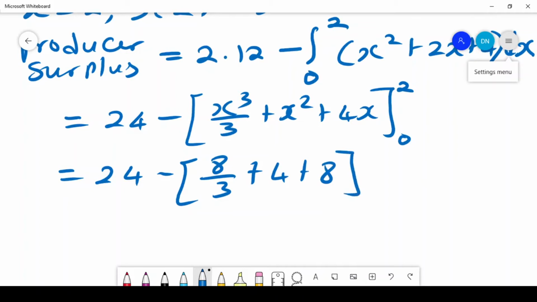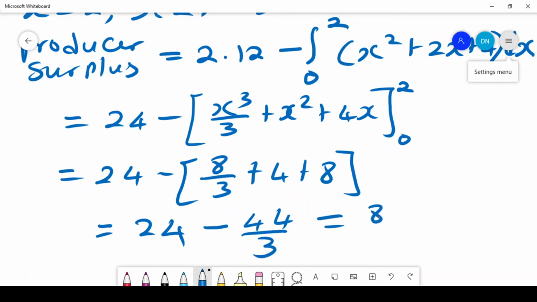And that will give us a solution that is equal to 24 minus, this is 12, that is 44 over 3, which is 72 minus 44, which is 28 over 3.